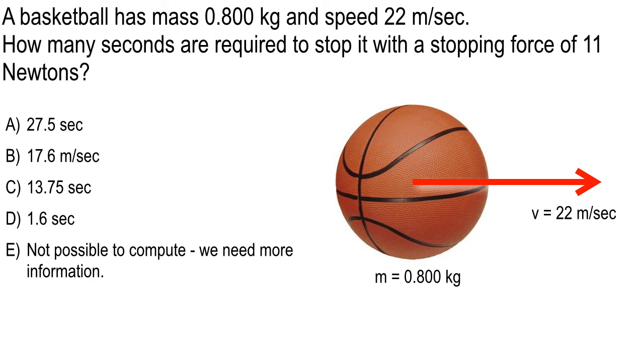Now this is just like the coin problem, where we figured out the stopping time of the coin. But instead of 0.02 newtons of friction, you have 11 newtons of hand strength.